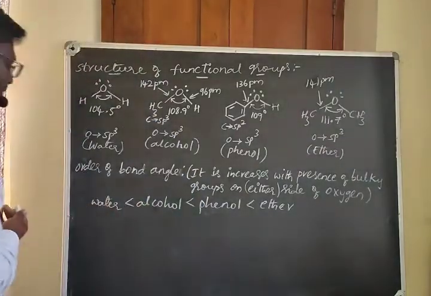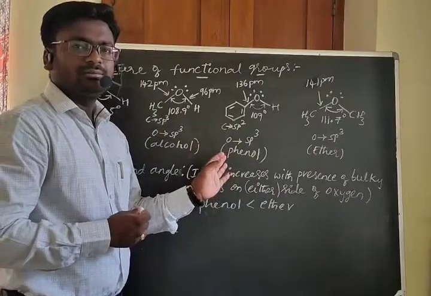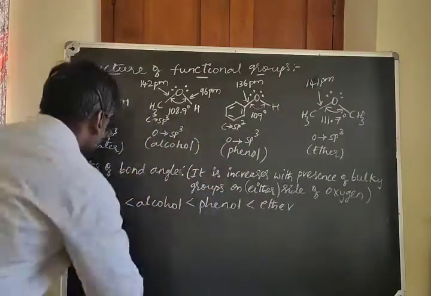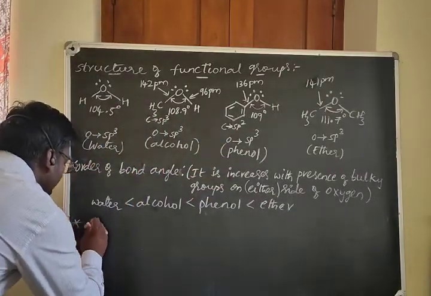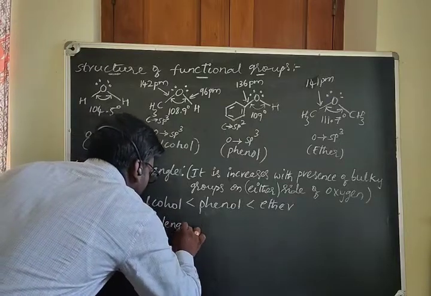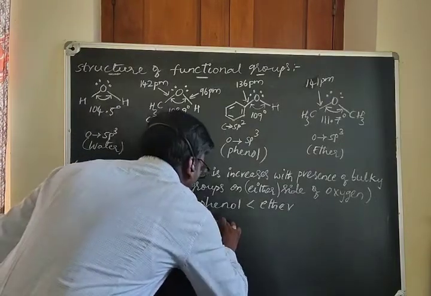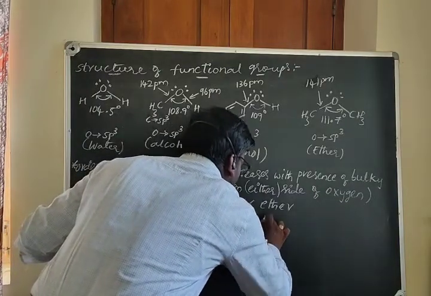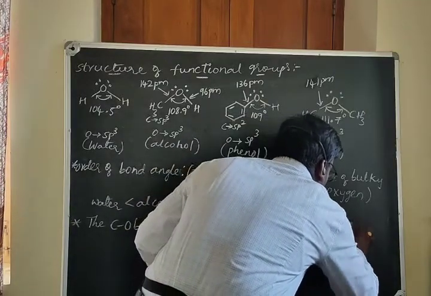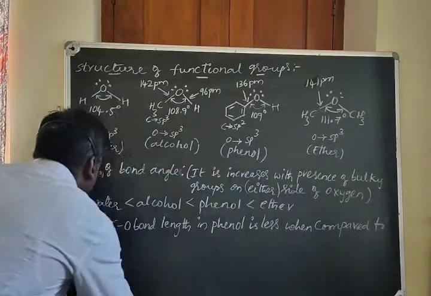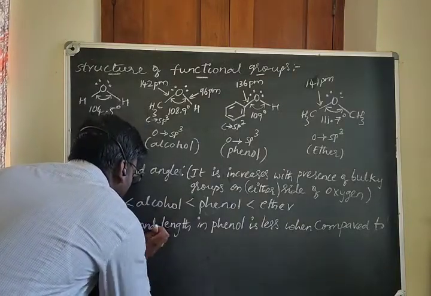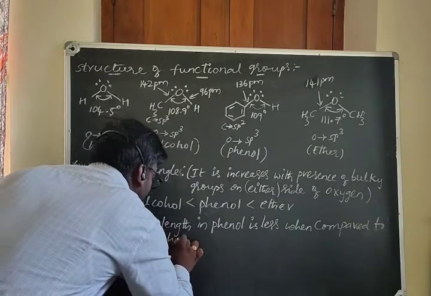Okay, let's take the topic. The CO bond length in phenol is less when compared to that of alcohols and ethers.